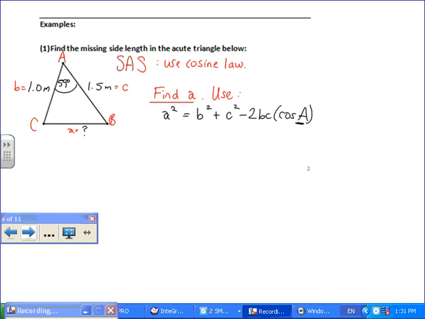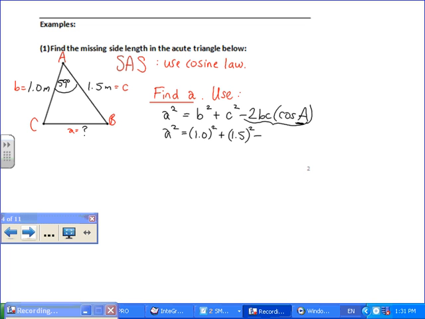So let's go ahead and substitute in all the information that we have here. So we're going to say a squared is equal to b, which is 1.0 meters squared, plus c, which is 1.5 meters. I can leave my units out just for the moment to simplify my work. Subtract, okay? Notice that 2bc times the cos of a is all together.